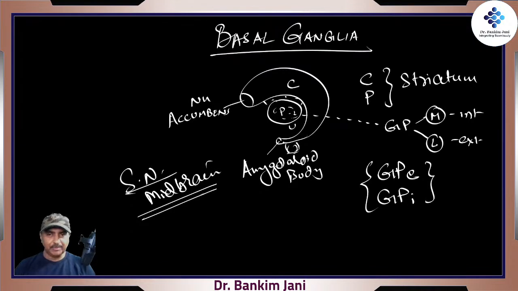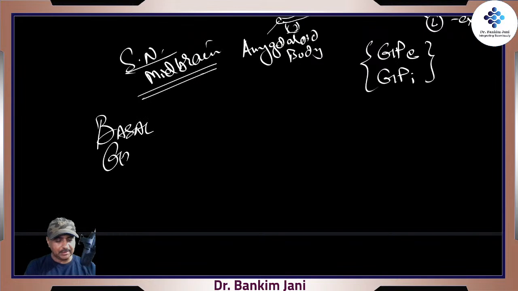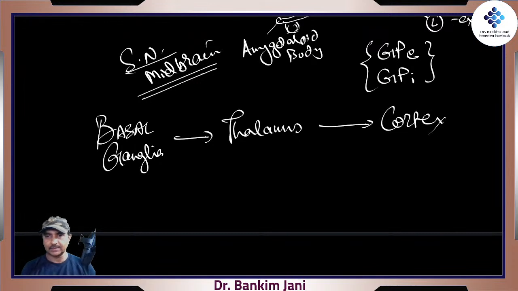I've put very basic, easy images, so you will definitely understand the anatomy very well. The important circuit is that the basal ganglia feed to the thalamus, and the thalamus talks to the cortex.